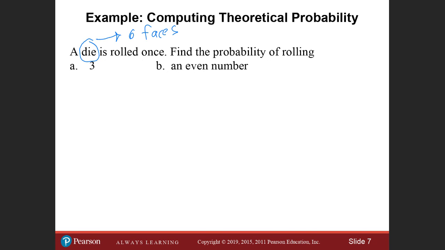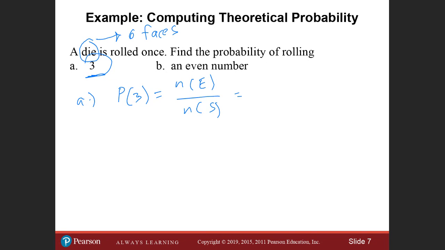And then we're asked to find the probability to get a 3 here. So using our formula, probability of getting a 3 when you roll the die, you will have the cardinality of your E over the cardinality of the sample space.